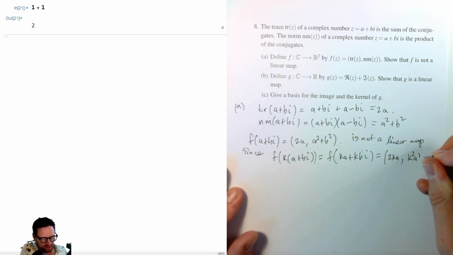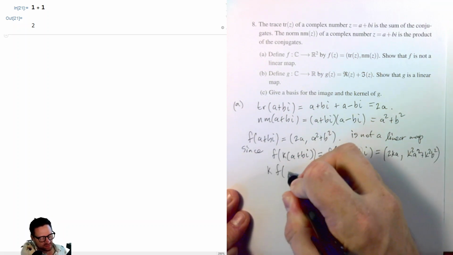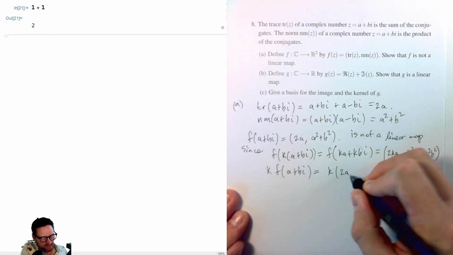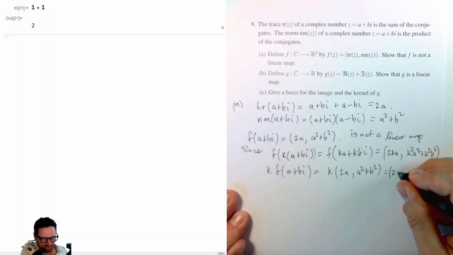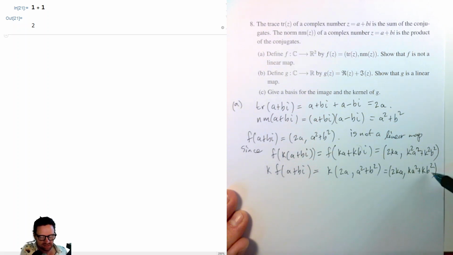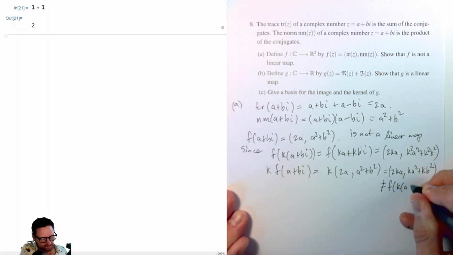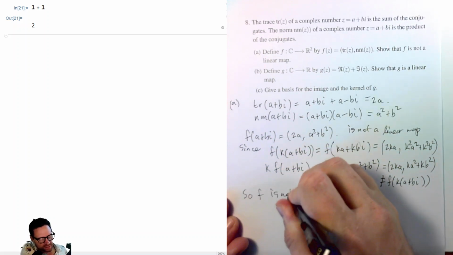So k squared a squared plus k squared b squared. On the other hand, k times f of a plus bi is k times 2a, a squared plus b squared, which is 2ka, k a squared plus k b squared. All right, and these two are not necessarily the same. They're not the same in general. Okay, so F is not a linear map.